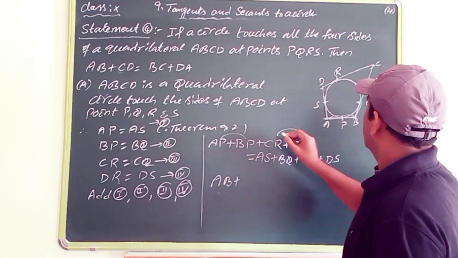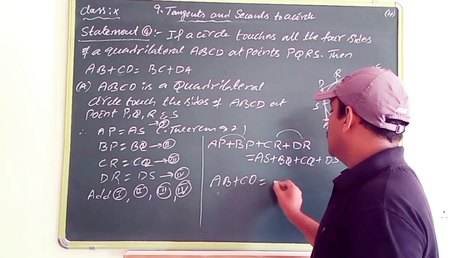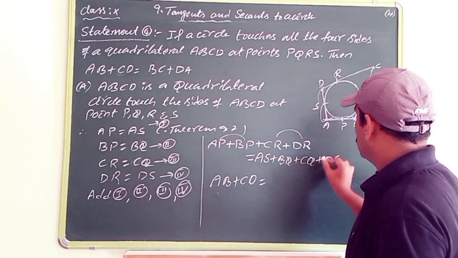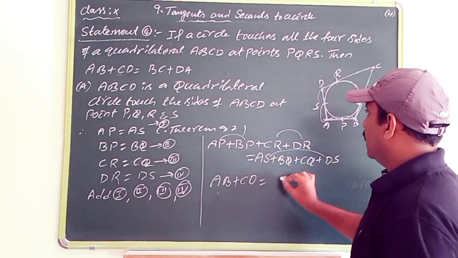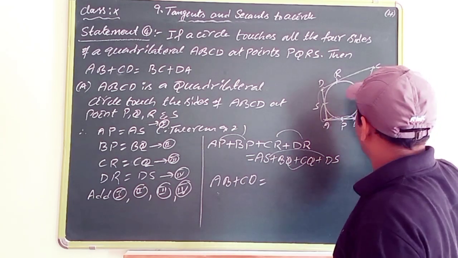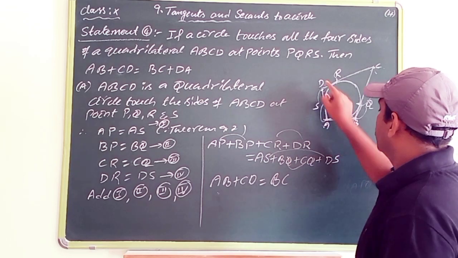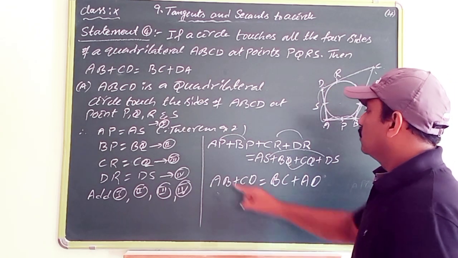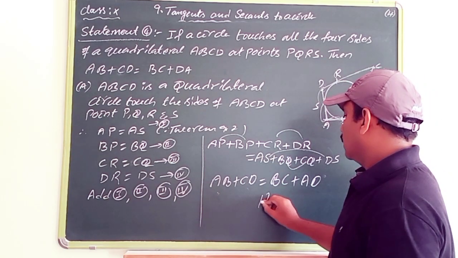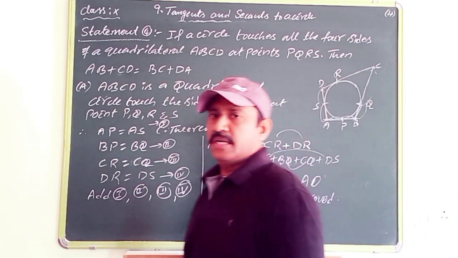CR plus DR is equal to CD. On the right side, AS plus DS is equal to AD, and BQ plus CQ is equal to BC. So this is the statement here: AB plus CD is equal to BC plus DA. Okay, hence proved. So, this is a very important statement.